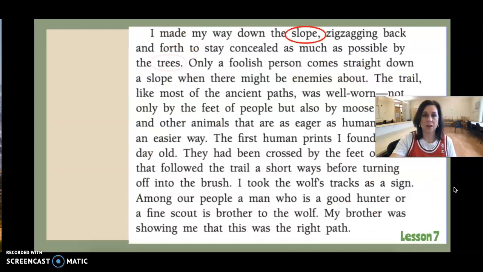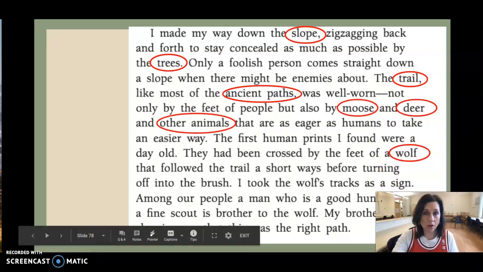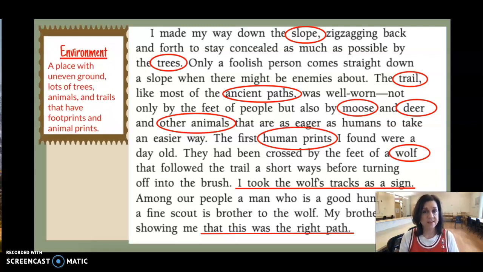All right, so I've circled slope, trees, ancient paths, trail, moose, other animals, wolf, human prints. I underlined, "I took the wolf's tracks as a sign that this was the right path." This is all about environment, boys and girls. The place that he's at has uneven ground, the slope. That's uneven for sure. Ancient paths.